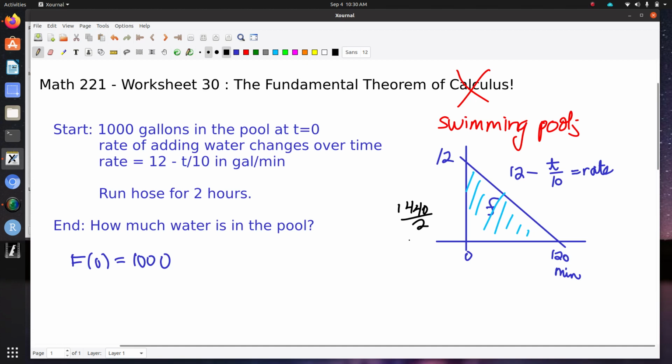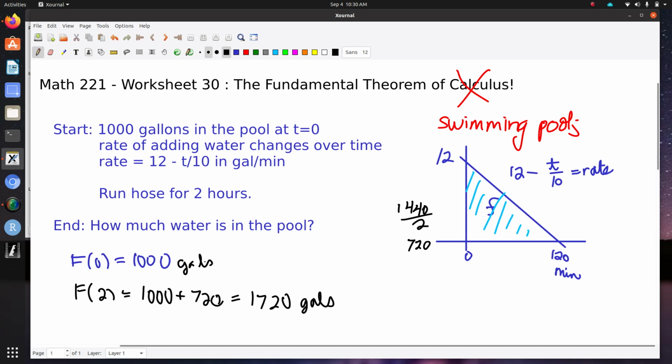So that would be 720. So F at 2 is going to be 1,000 plus the accumulated change, which is 720, which gives us 1,720 gallons in this little pool.